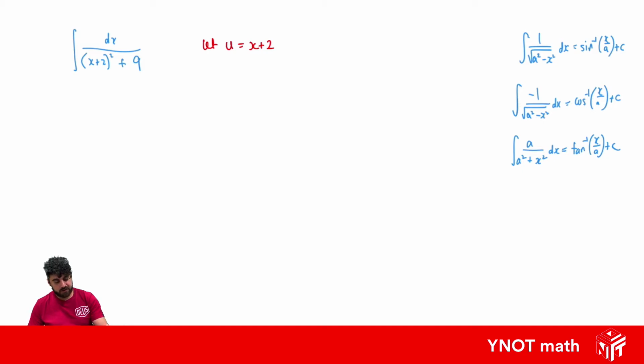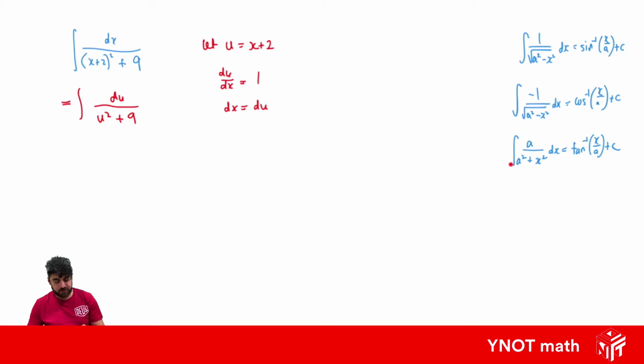So this means that du dx actually just equals 1, so dx is just going to equal du. So using this substitution, we're going to have the integral of dx, which we know is du now, over x plus 2, we let equal u, so we've got u squared plus 9. And it looks pretty similar now to this one.